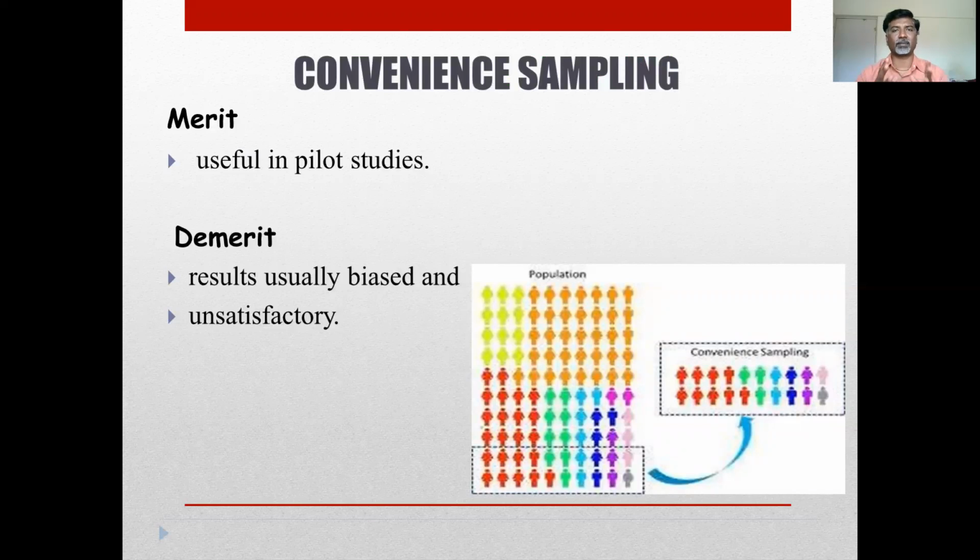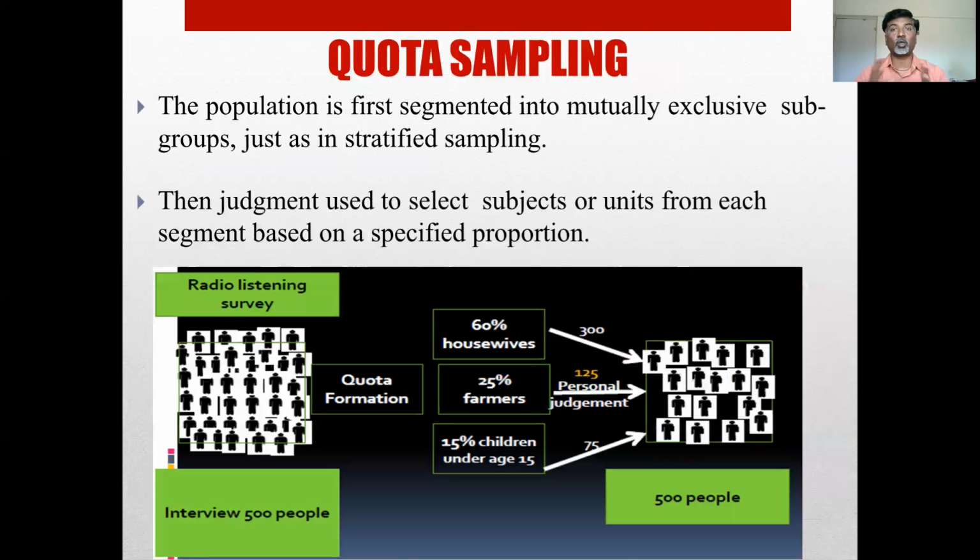Such a type of sampling is only useful for a pilot study, because this method has a lot of sampling bias, and the results received from convenience sampling may be unsatisfactory. So these are some drawbacks of convenience sampling. In the convenience sampling method, the researcher selects respondents from the available population as per his convenience, his availability, his consent. The second one is quota sampling.